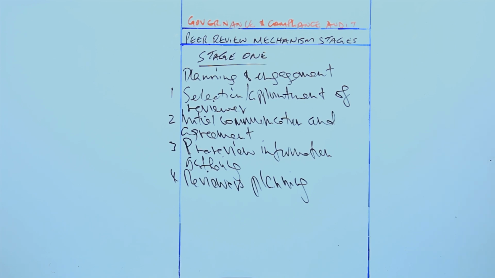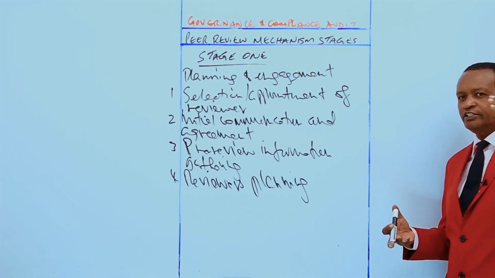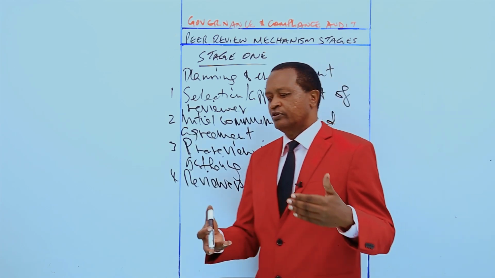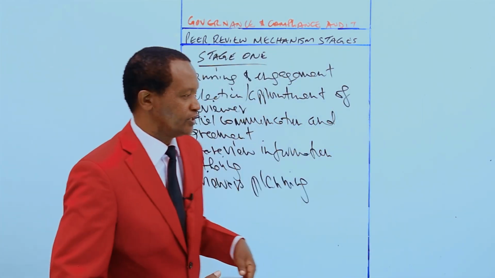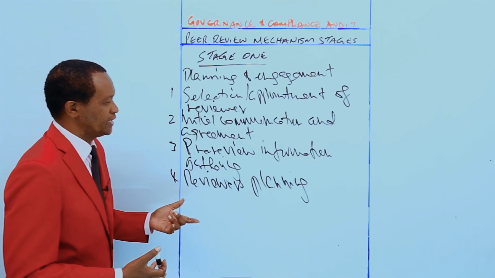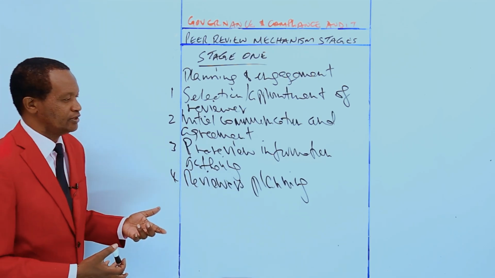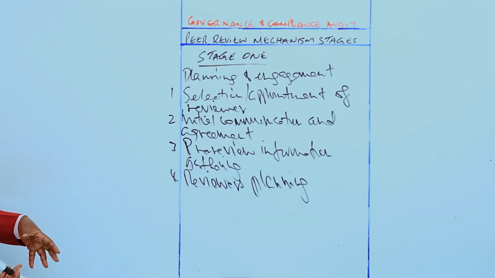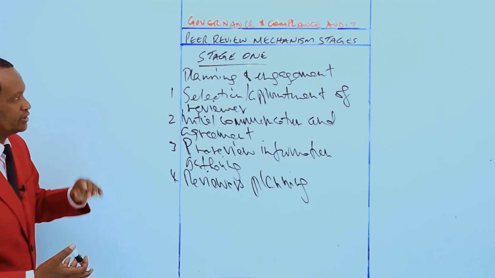That means planning interviews with the key personnel of the reviewed entity, and also developing a timeline for fieldwork. Developing a timeline for the fieldwork is what comes out of the reviewer's planning stage. Okay? That's stage number 1.